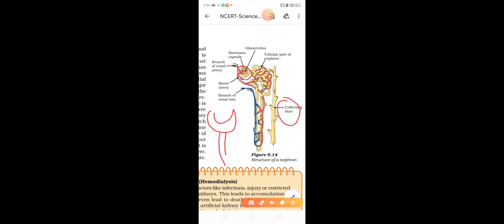You see over here, these capillaries are known as the glomerulus. The renal artery will bring the blood which has the waste material. It will divide to give rise to capillaries, and those capillaries will be present in your Bowman's capsule. So this capillary network is known as the glomerulus.